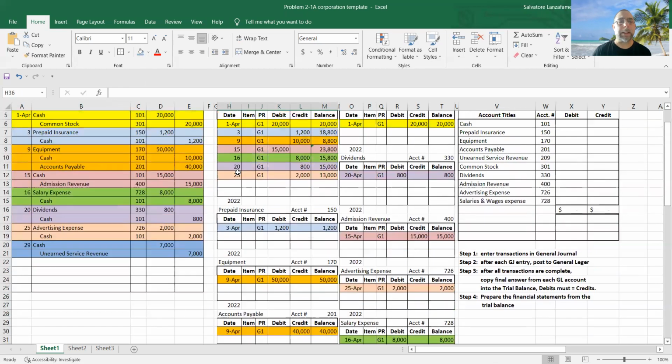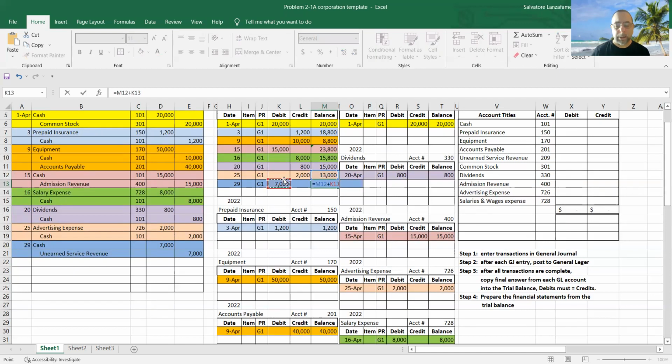So let's update the accounts involved. And let's go post. So now on the 29th, I am debiting cash for $7,000. So our balance in cash has now climbed to 20. And we'll cross-reference back with the account number 101.